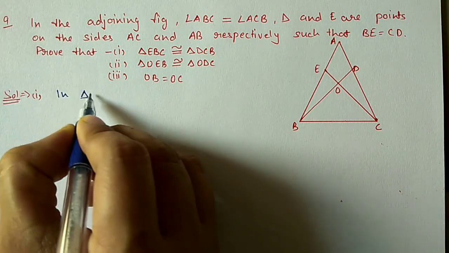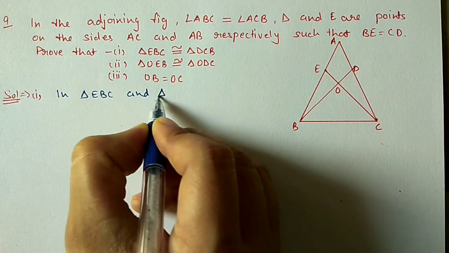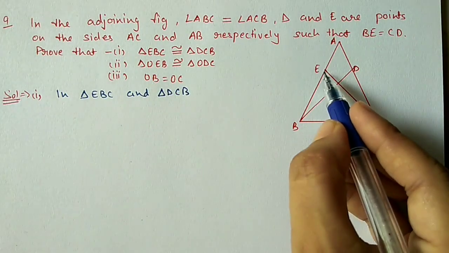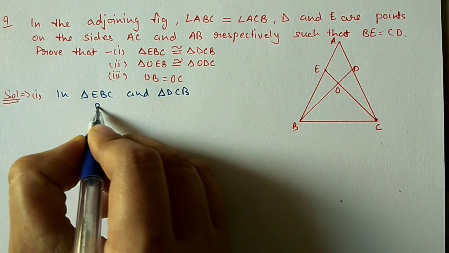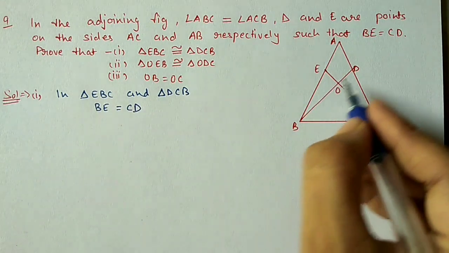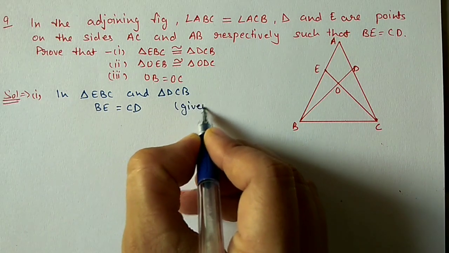In triangle EBC and triangle DCB, first of all we can take BE is equal to CD. This side and this side are equal. This information is given in the question.